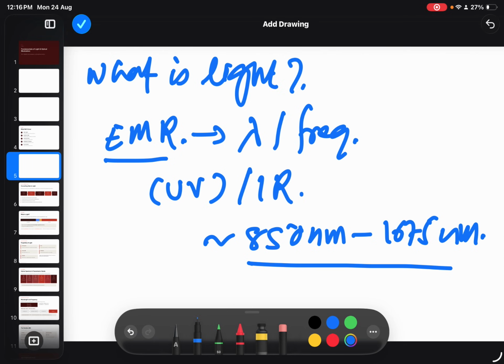So this nanometer range, for those who are new to this, is a billionth of a meter. It can be written as 10 to the power minus 9 of a meter. So when I say 850 nanometer, that is 850 times 10 to the power minus 9 meter.